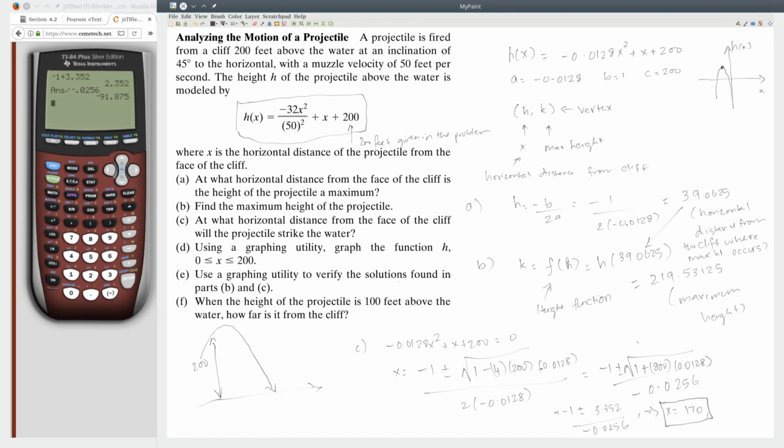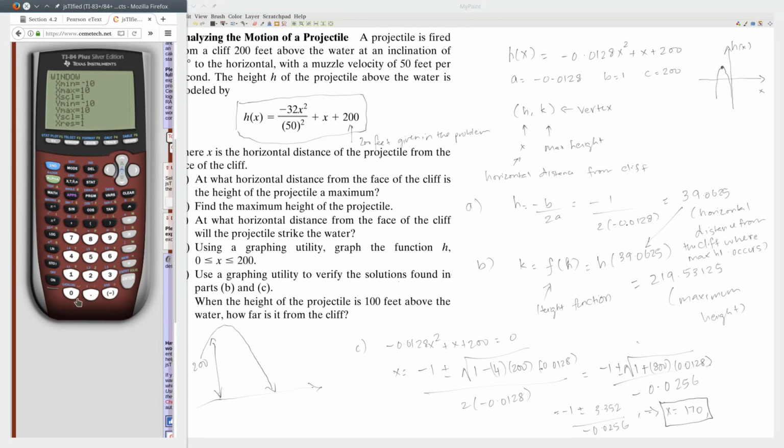So we can graph this function between 0 and 200. The x values would be from 0 up to 200, and the y values can range somewhere between 0 and, since the maximum height is 219.53, let's set it at 225.